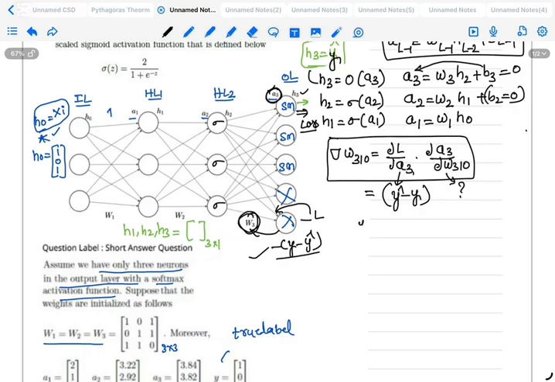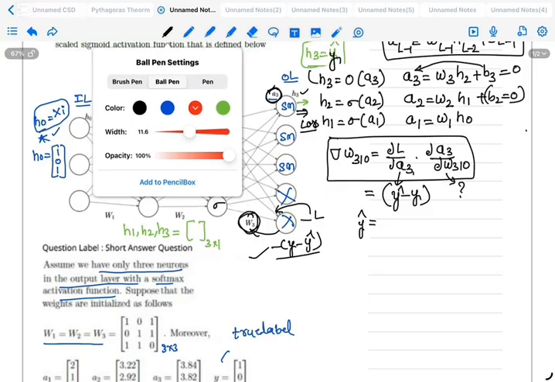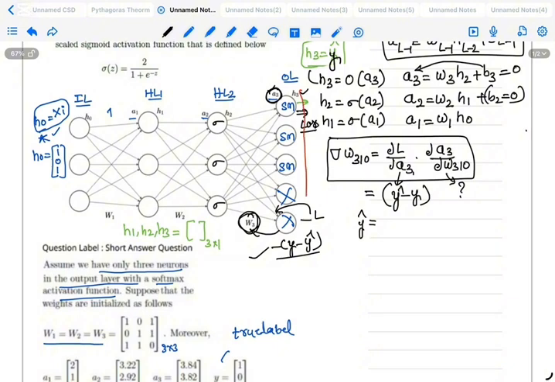So y hat, here in this layer output, is y hat equals H3, which is softmax of A3.